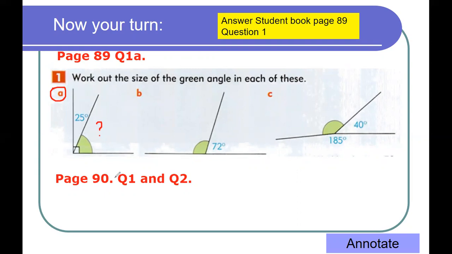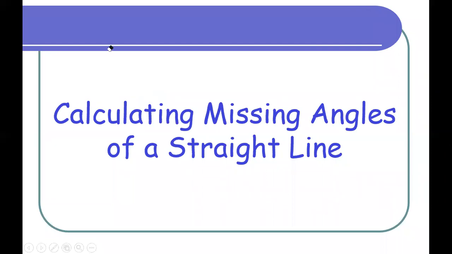And also in page 90, question 1 and question 2, I want you to solve and find the missing angle. So that is for calculating a right angle, which is 90 degrees.